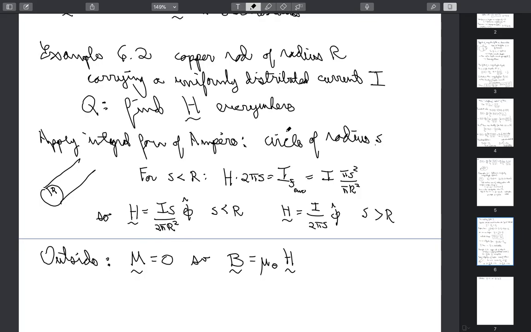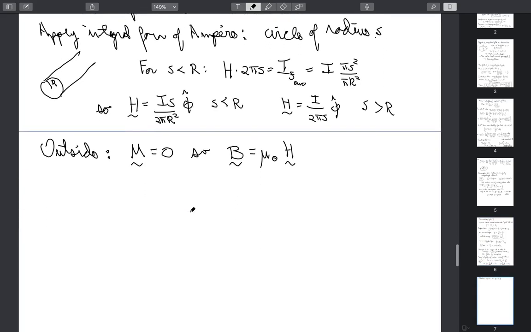Of course here we know that the current is completely uniform, but in a general material we wouldn't know what the actual distribution of magnetization is. But still, the field H itself is very, very handy to compute. So that's just a very simple example of what you can do with this.